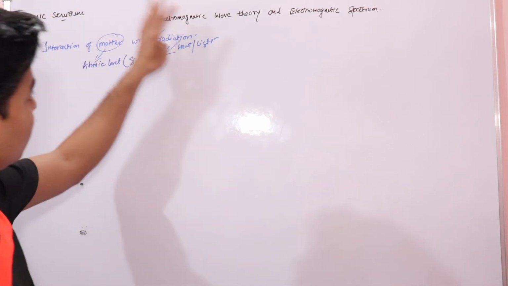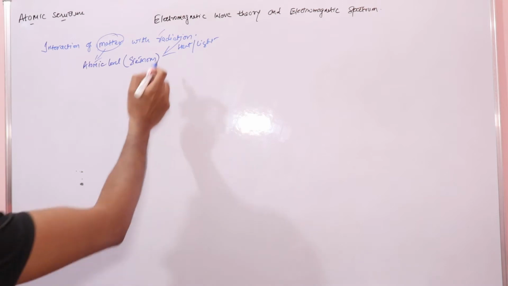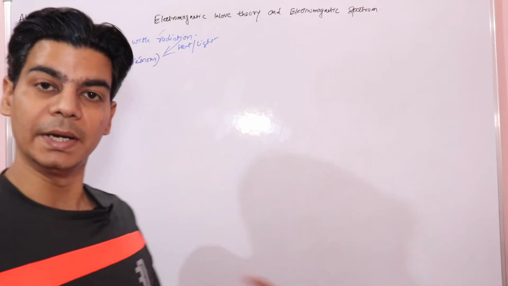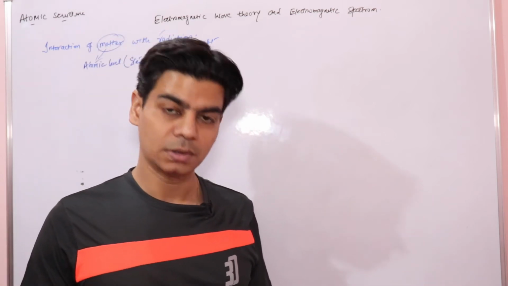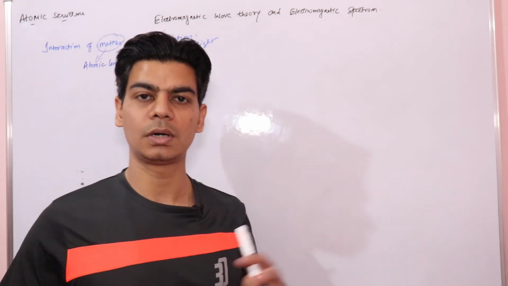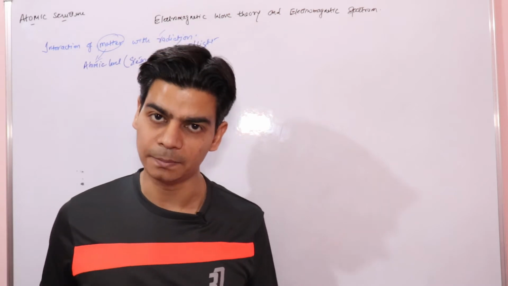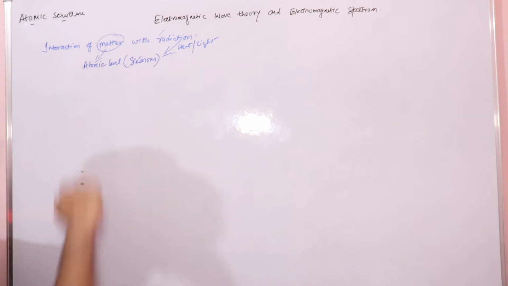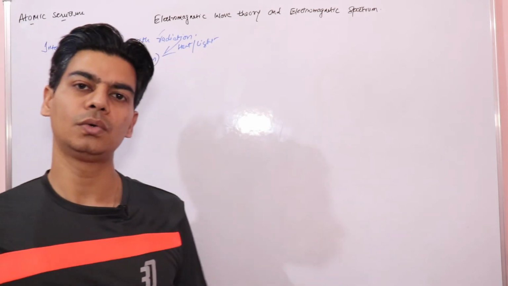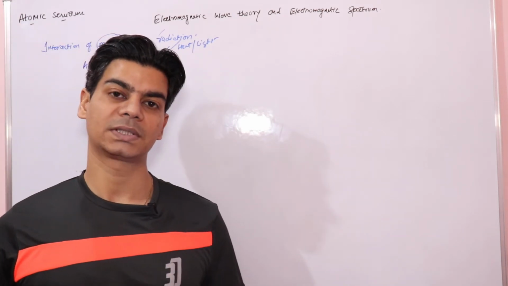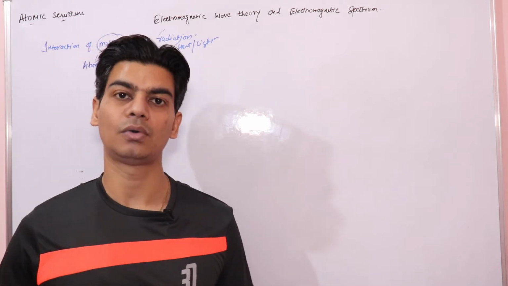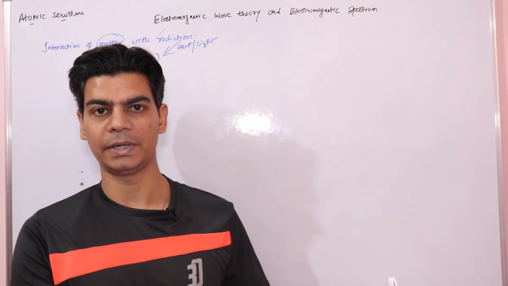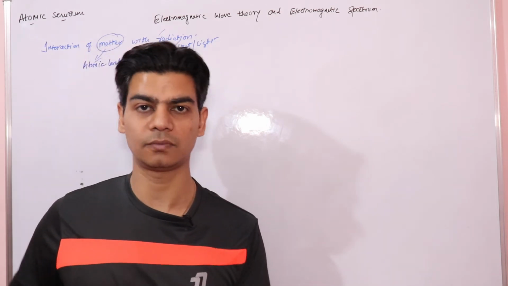Based on the results of the interaction of matter with radiation, Niels Bohr, who declared the final structure of atom, used these results to put forward his model of atom. The Niels Bohr model of atom is an improvement on the Rutherford model of atom.